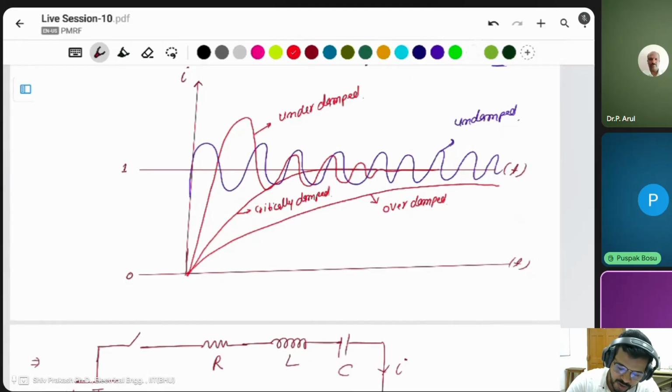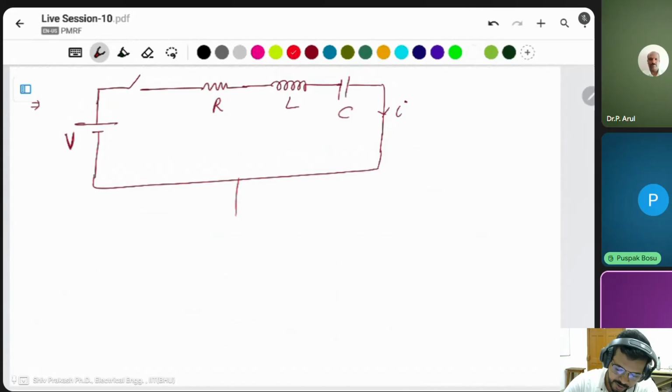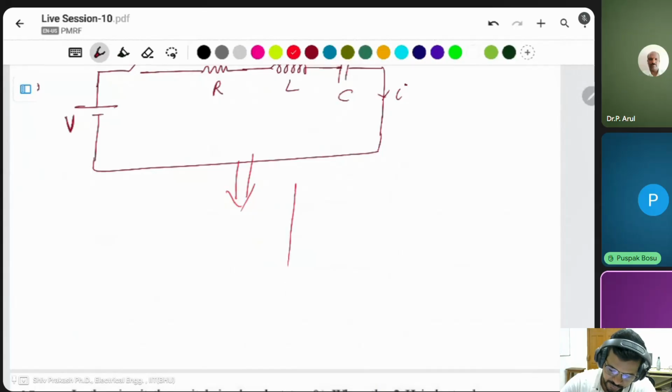This is the output signal when unity feedback is applied as the input. Then what is the response of the output? In this circuit, the current goes to zero because of the capacitor.